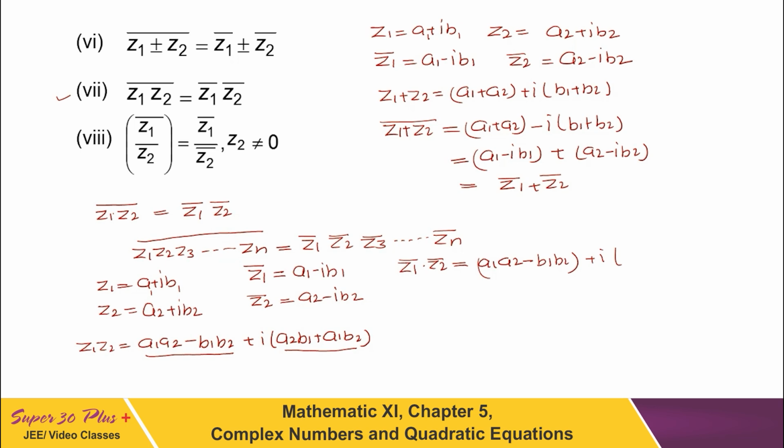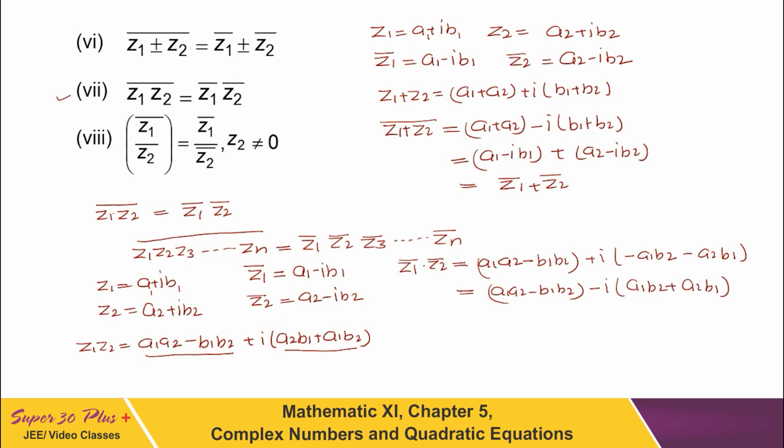And what is here? If plus iota, then it is minus A1 B2 and minus A2 B1. So we can simplify it. It will become A1 A2 minus B1 B2 minus iota (A1 B2 plus A2 B1).